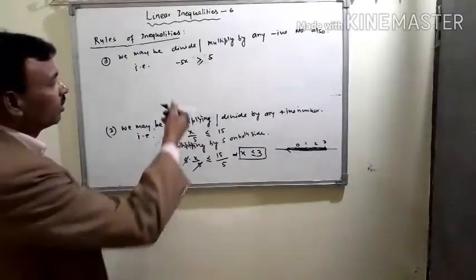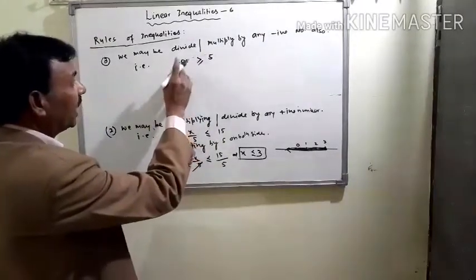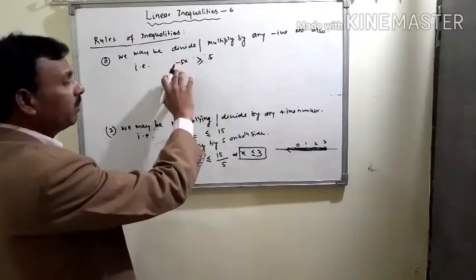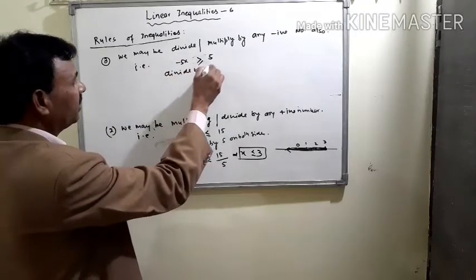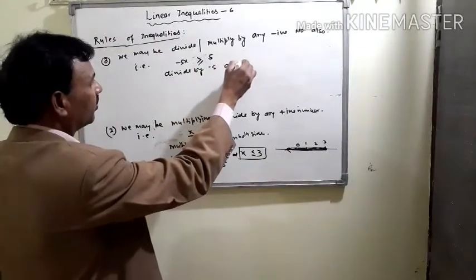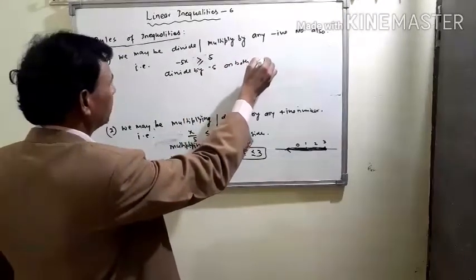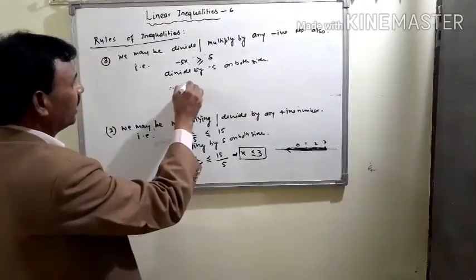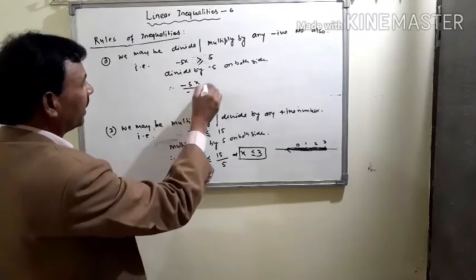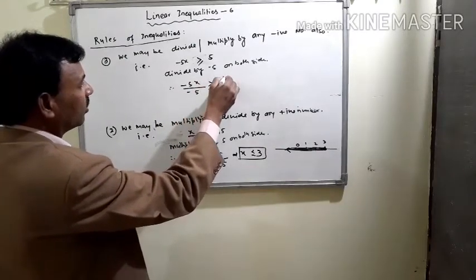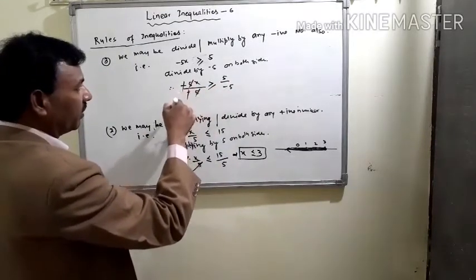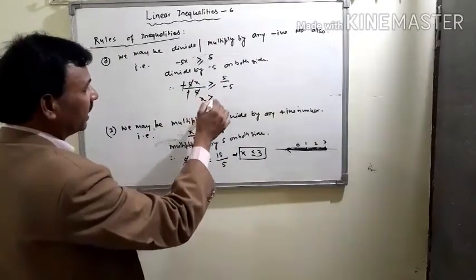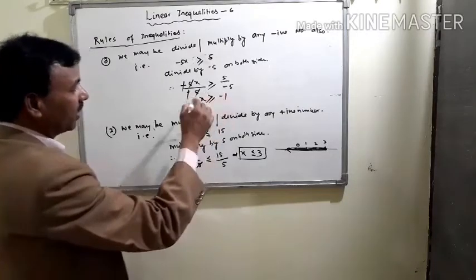What will be the solution? We divide by minus 5 on both sides. Therefore, minus 5x upon minus 5 is greater than or equal to 5 upon minus 5. The minuses cancel, and 5 and 5 cancel. Then x is greater than or equal to minus 1.